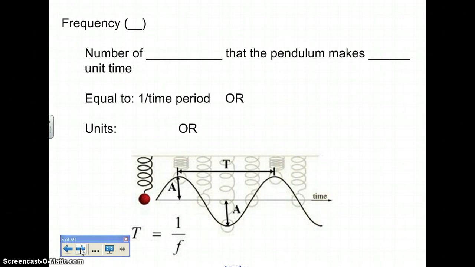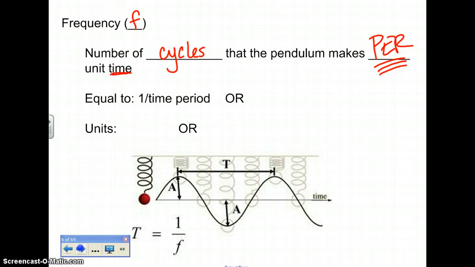Furthermore, we want to look at frequency now. Frequency is a lowercase f, and for your frequency, you're going to look at it as the number of cycles, so the number of periods that the pendulum makes per unit of time. Per time.